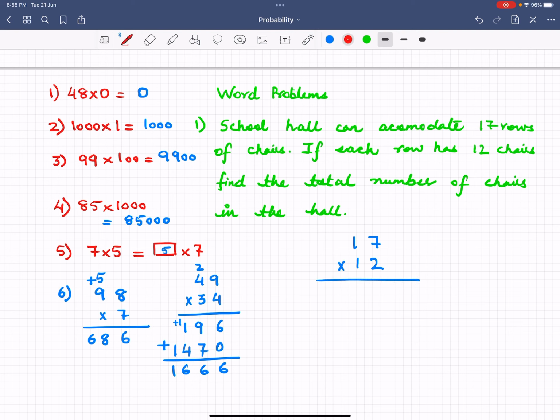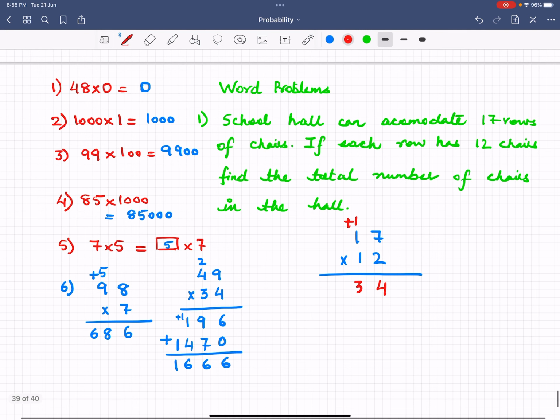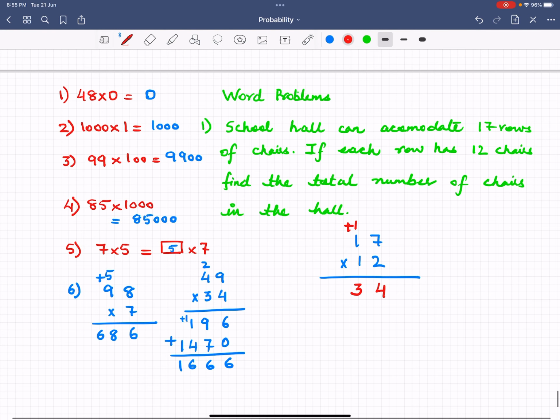So 2 into 7 is 14. Carry 1 up. 2 into 1 is 2. Add 1, 3. Then we move on to the next number, which is 1. So 1 is in the tens place. Therefore, we add a 0 here.